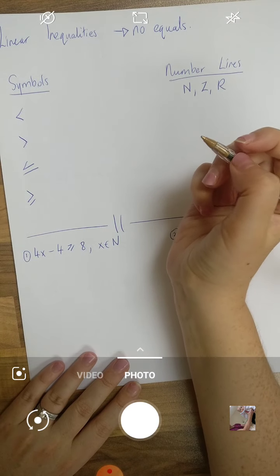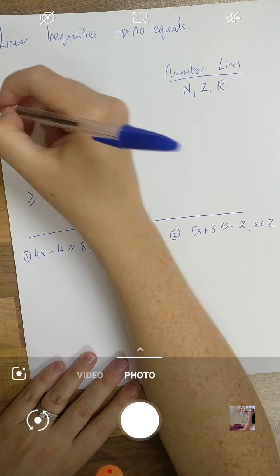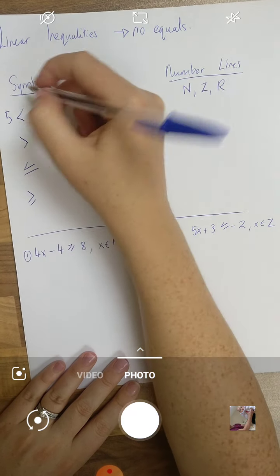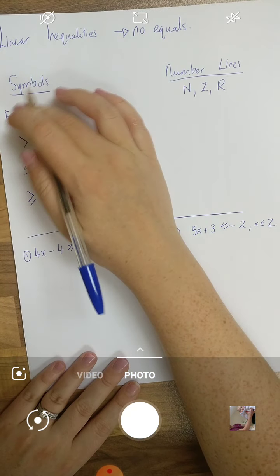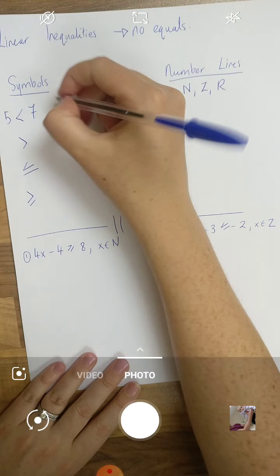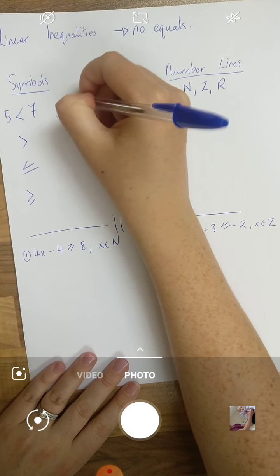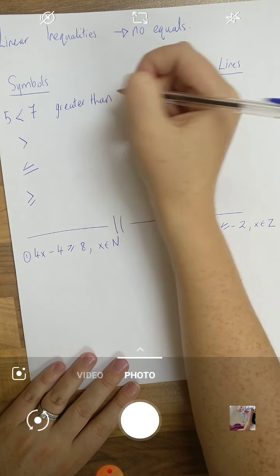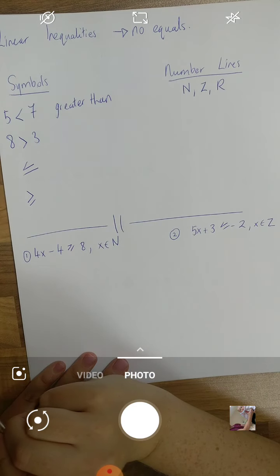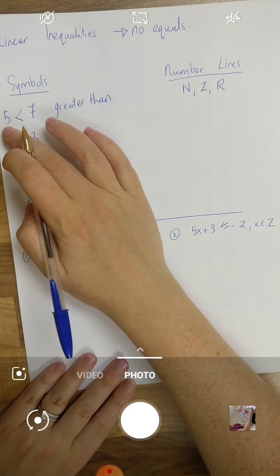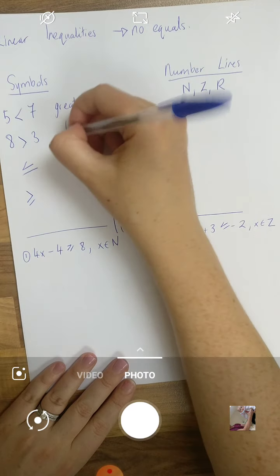Okay, so this symbol here is 7 is greater than 5. So this is our greater than symbol. This symbol here, we have 3 is less than 8.